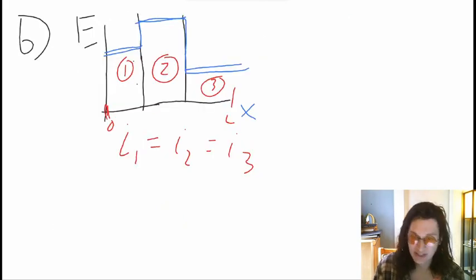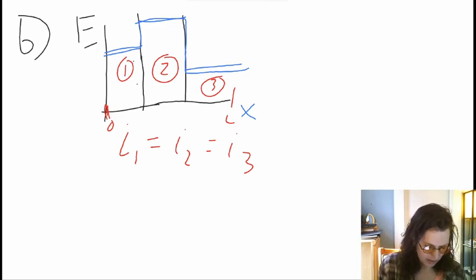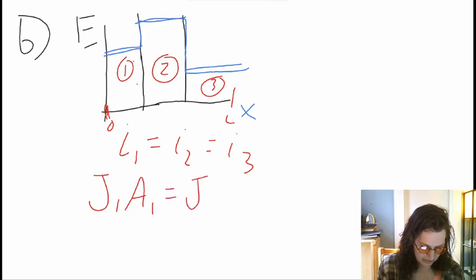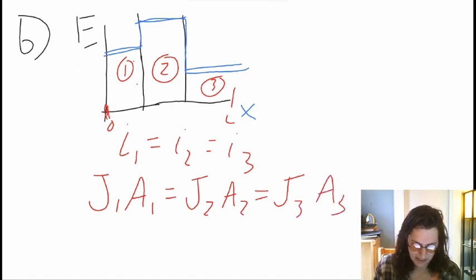So rearranging that equation, we can replace each of these currents with a current density times an area. So J1A1 is equal to J2A2 is equal to J3A3. Okay, so I'm getting there.